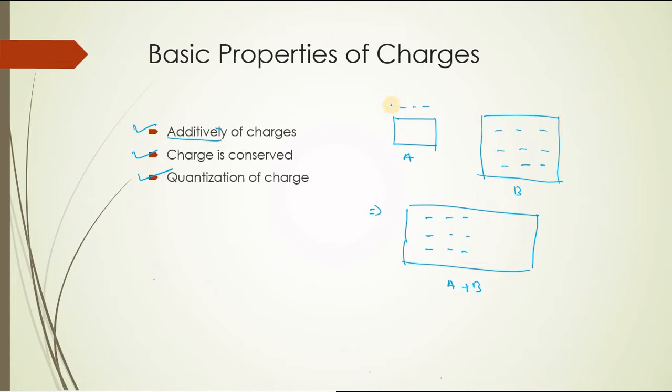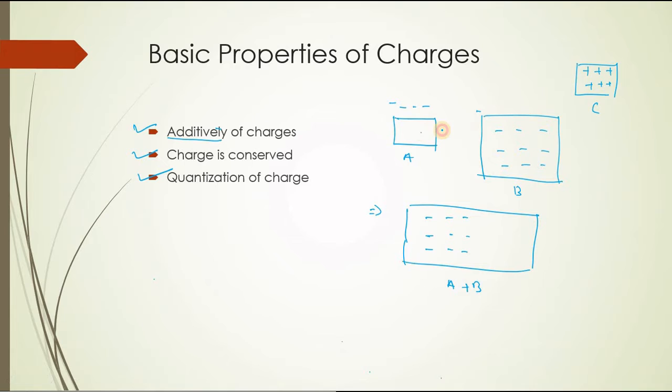So you have 3 electrons on A, and on B you have 6 electrons. If you add both of them, you are going to get 9 electrons. Let's suppose another, a third body, let it be C, which has, in this case, 6 protons.